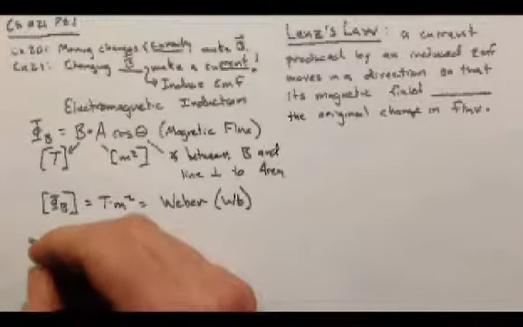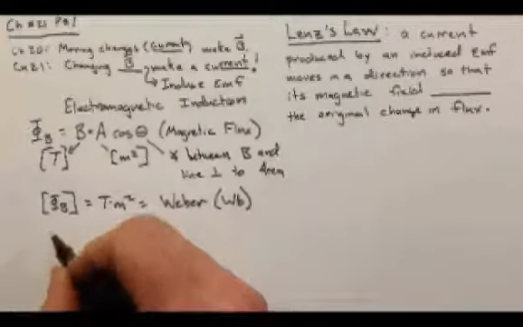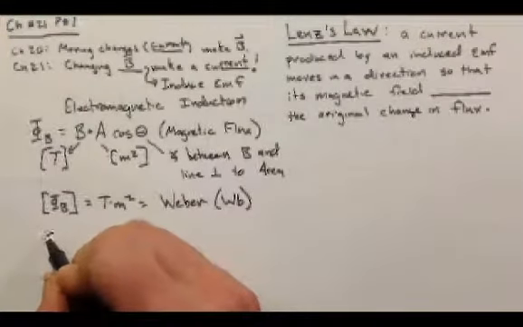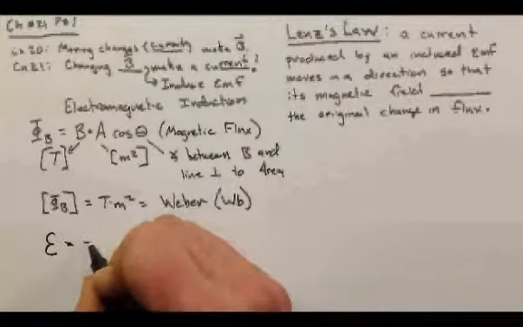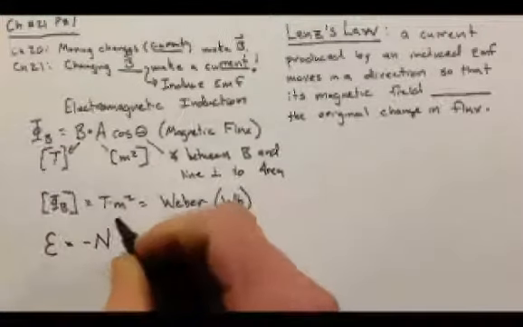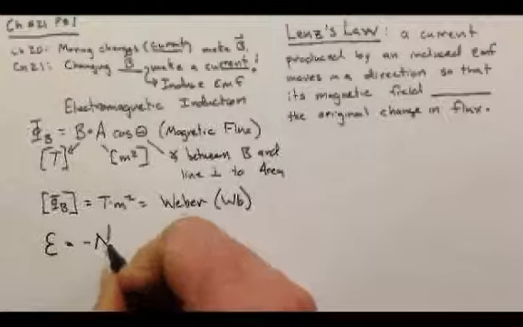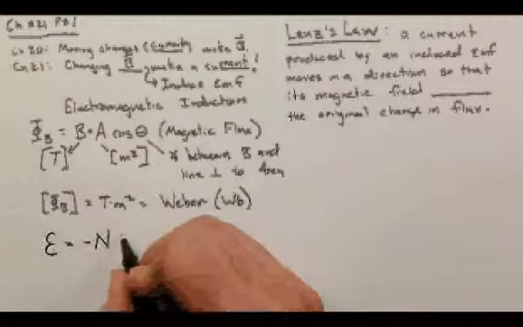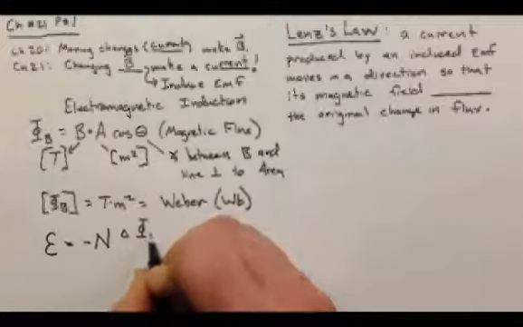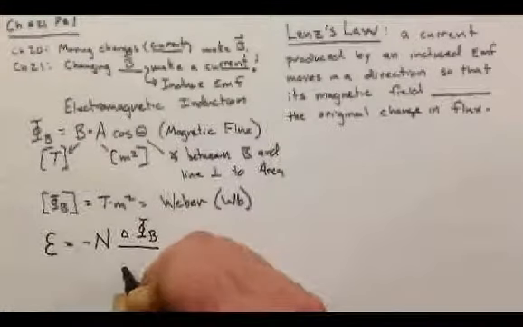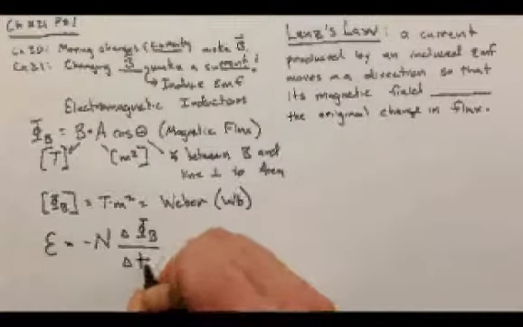Okay, if there is a changing magnetic flux, we can induce an EMF, and the EMF or voltage induced is equal to the number of turns of wire times the rate of change with time of magnetic flux.